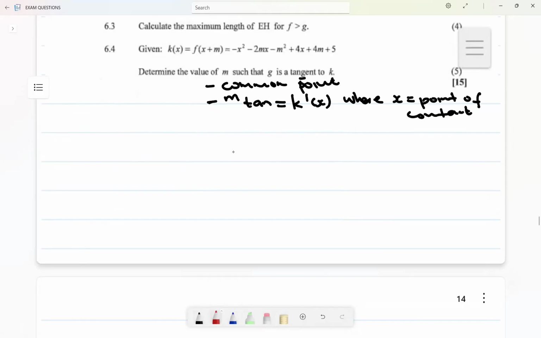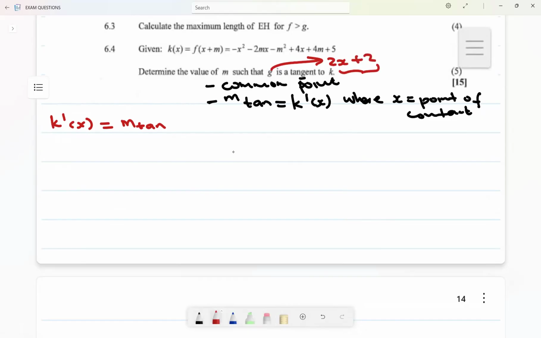I know the gradient of my function is the derivative, and it is equal to the gradient of the tangent, which is g, which has an equation like this.